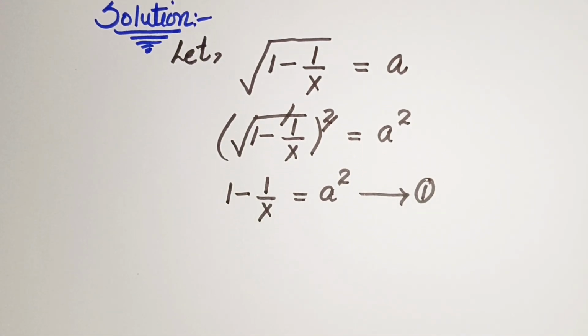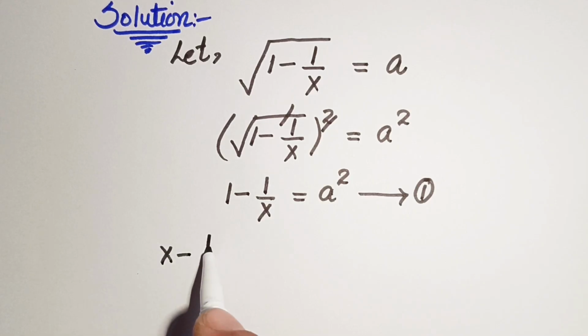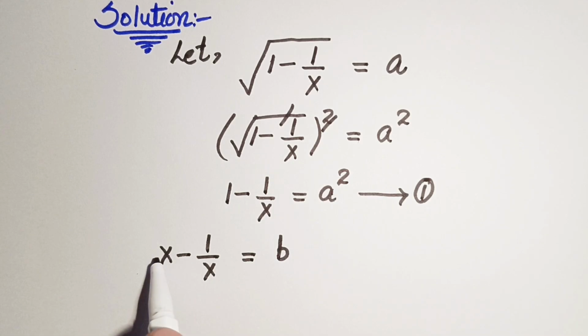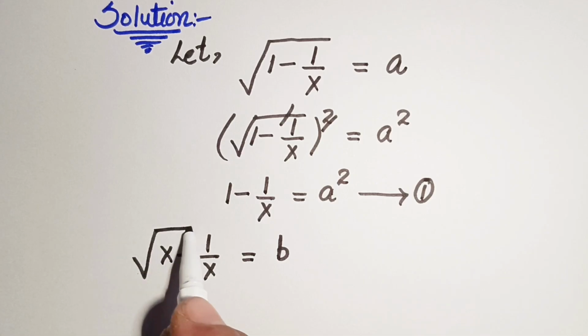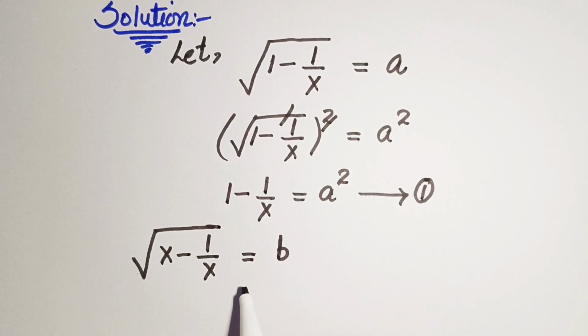Now here this square root of x minus 1 over x is equal to b. So we have just supposed that.